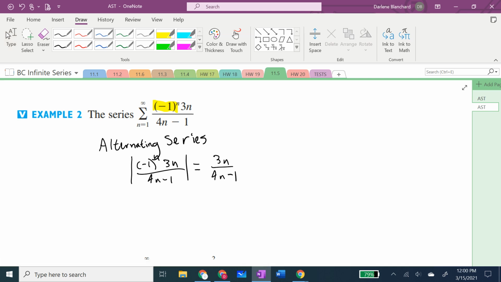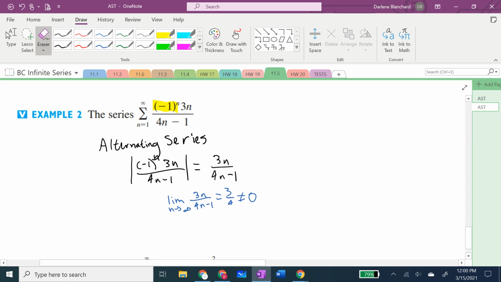I think it's easiest if you look at the limit. The limit of the absolute value of the terms is 3/4. It's not 0. And can you see that if I plug in n plus 1, this subtraction in the denominator, well, wait a minute.